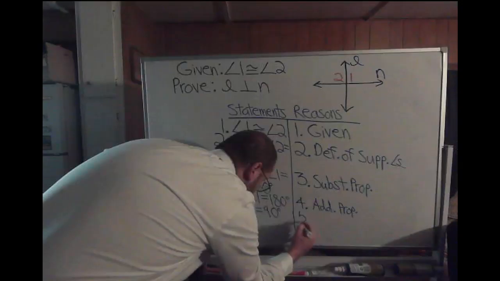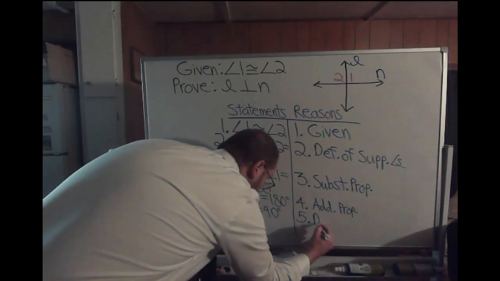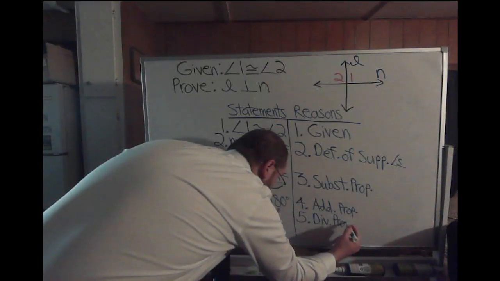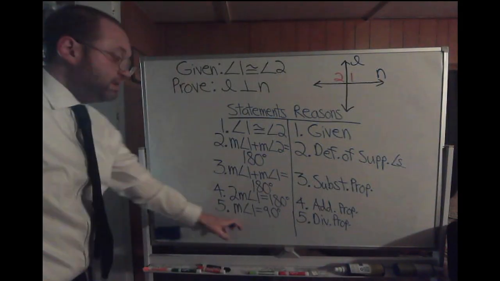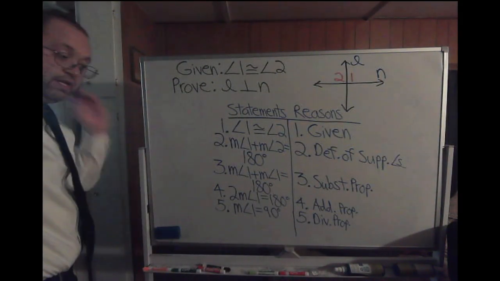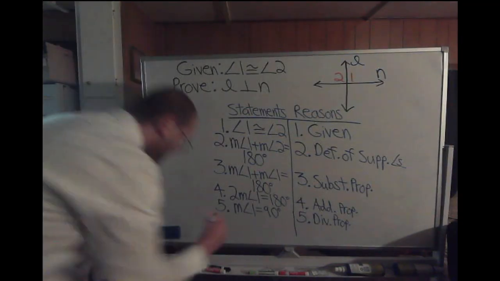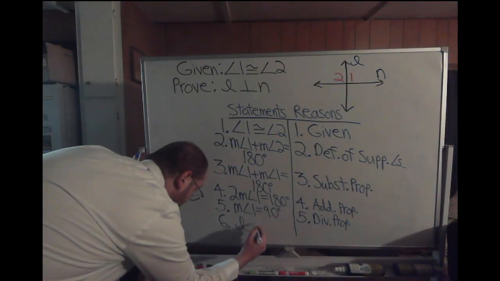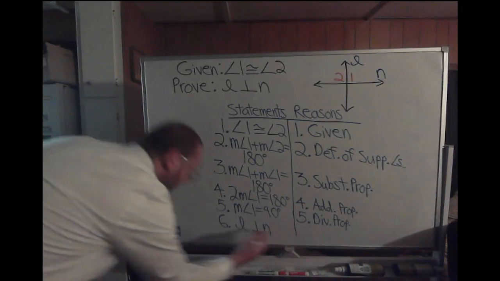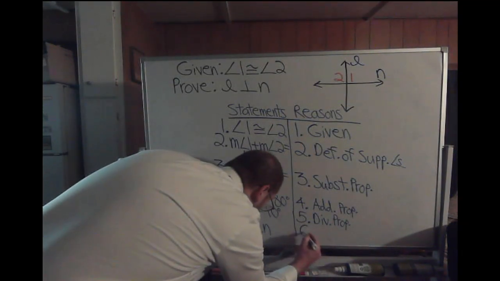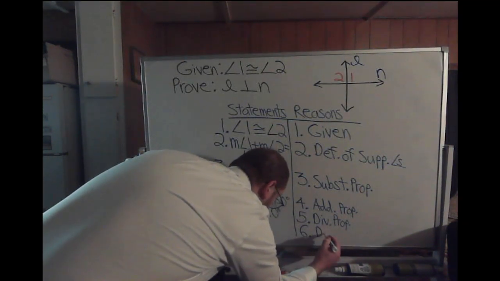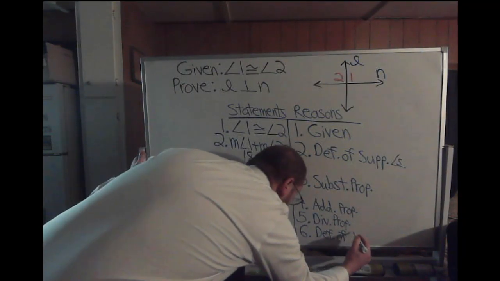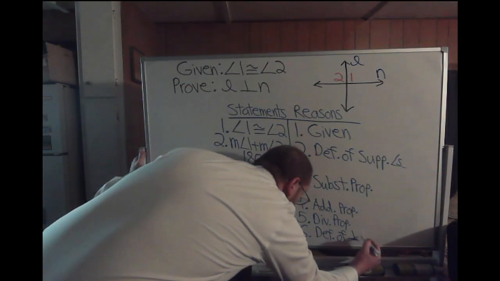This would of course be by the division property. Which, our final step, we can now prove that line L is perpendicular to line N by the definition of perpendicular lines.